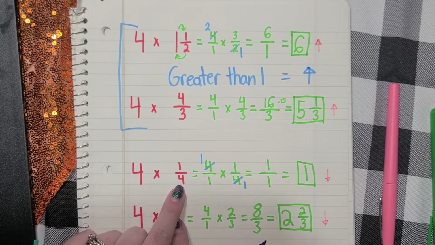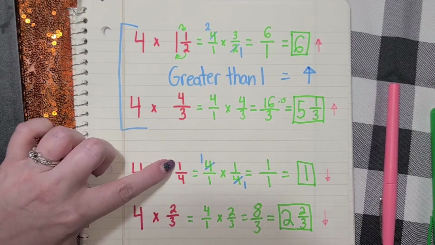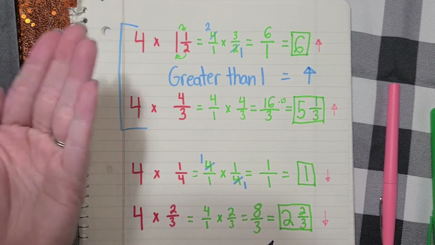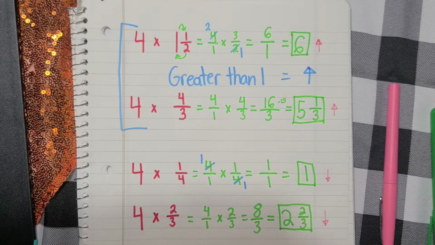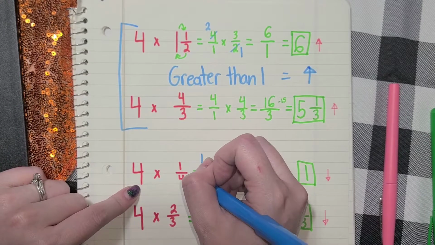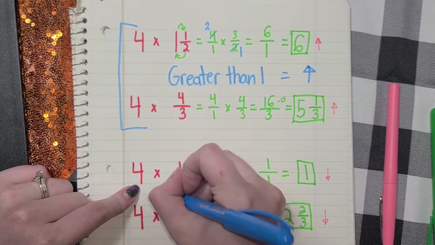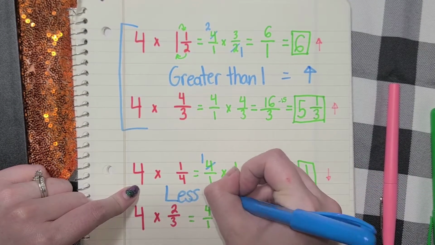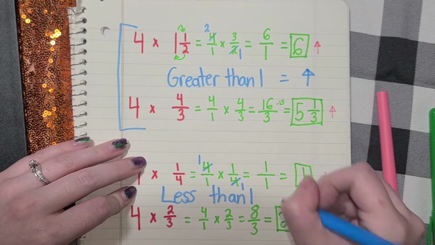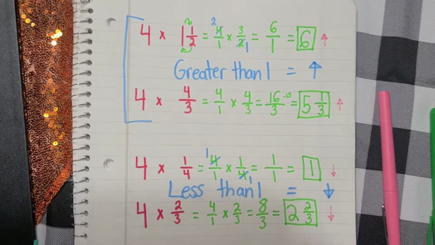If you multiply a number by a proper fraction, this is less than 1. This is a piece. 1/4 is like having a quarter. It's not a full dollar yet. It's less than 1. Okay? If you multiply a number by a proper fraction, or anything less than 1, it will get smaller.